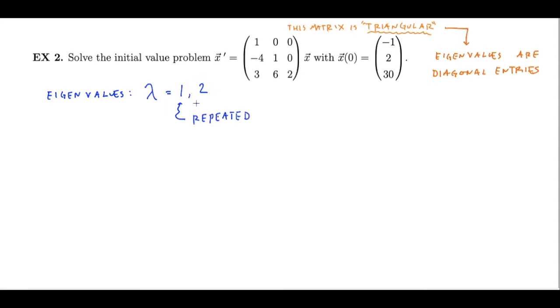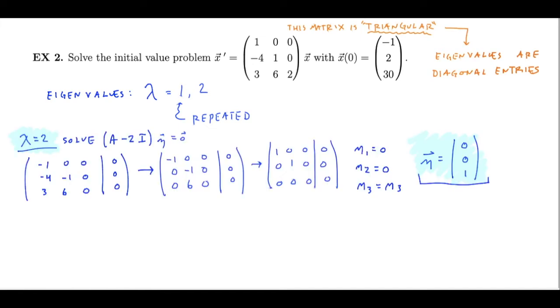Lambda equals 2 is not repeated. It's a distinct eigenvalue, so I can just use the quote-unquote traditional technique to build a solution using that eigenvalue once I've found the associated eigenvector. In fact, let's start there. Let's start with lambda equals 2 because this one is a little less involved. Let's find the eigenvector associated with lambda equals 2.